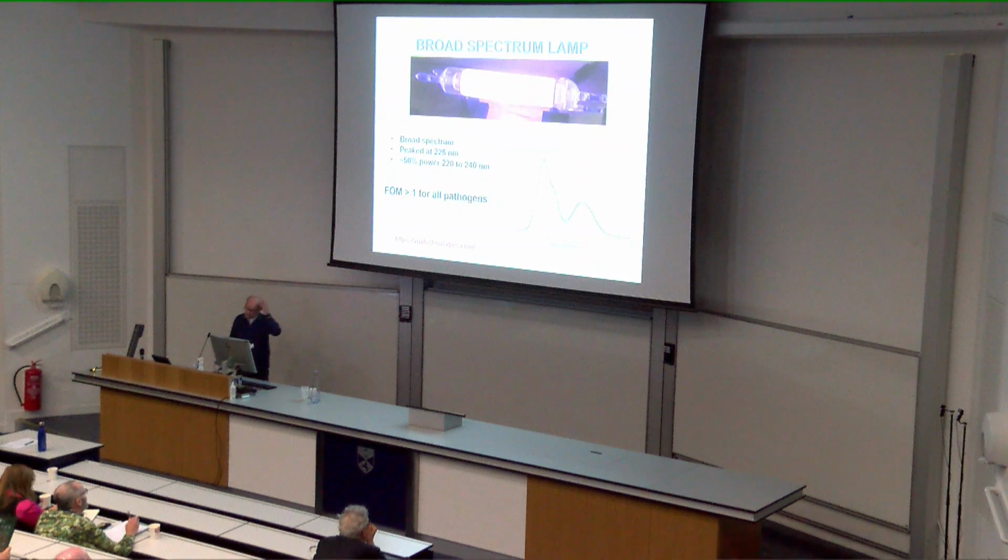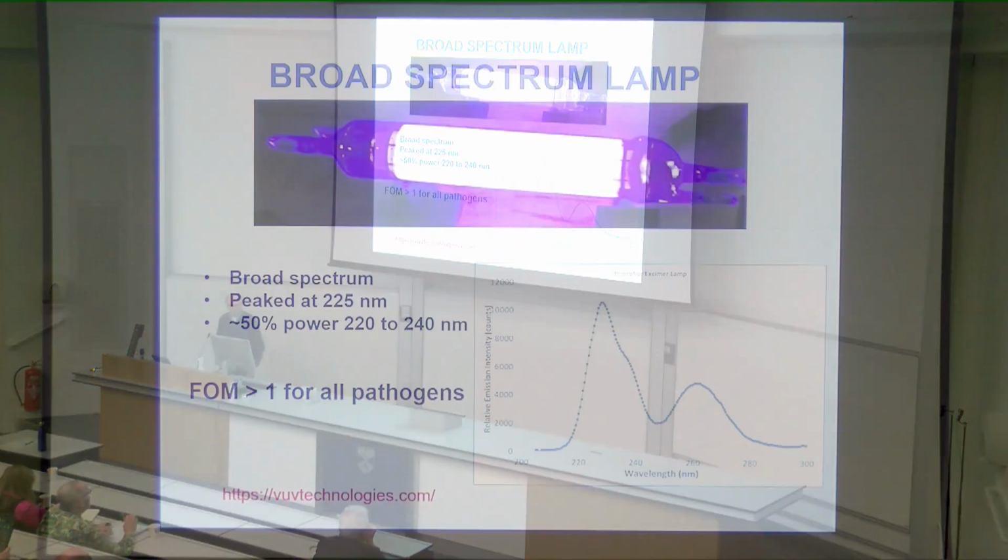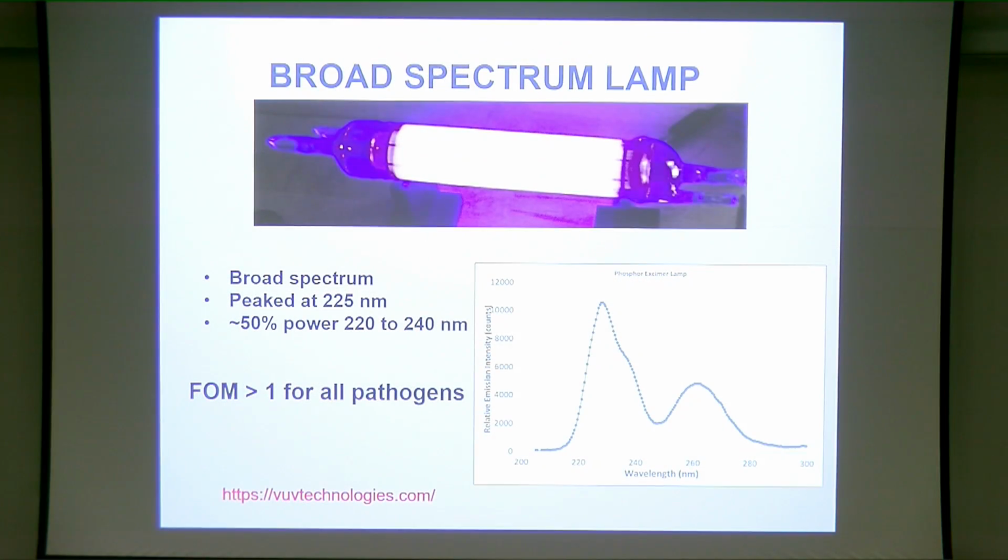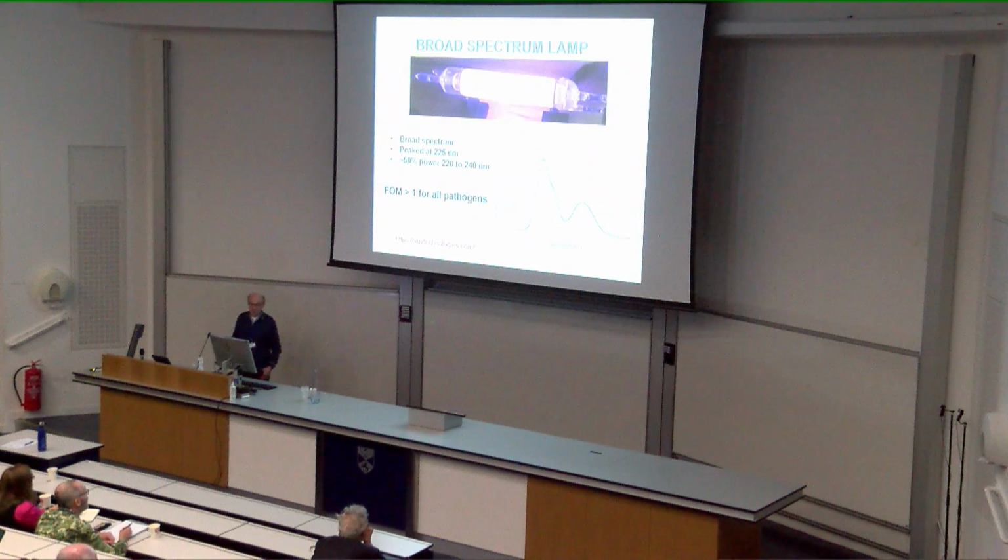Now, the broad spectrum lamp, which was invented at Rutgers University in my laboratory, is based on phosphors with a highly efficient 172 nanometer vacuum ultraviolet source. It has two broad peaks. Its major peak is at about 225, 227 nanometers, and it has a secondary peak at about 262 nanometers.